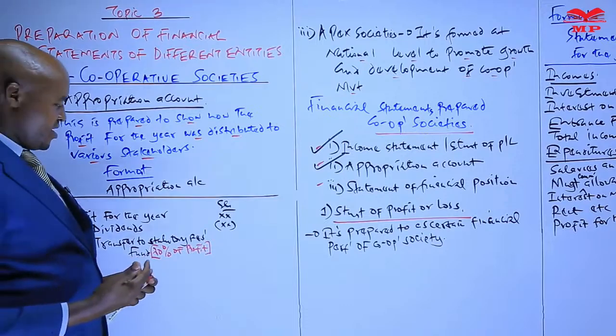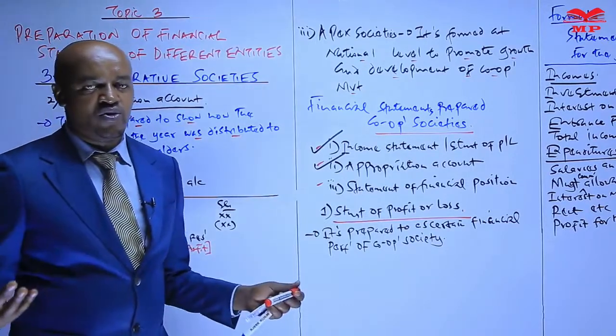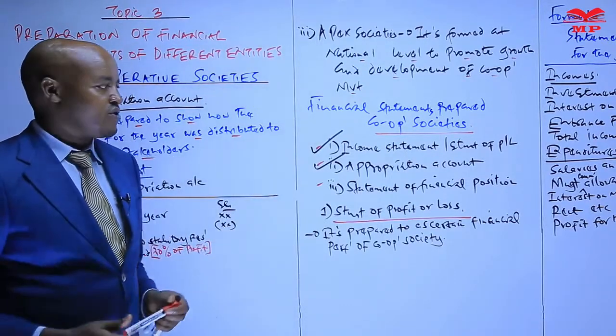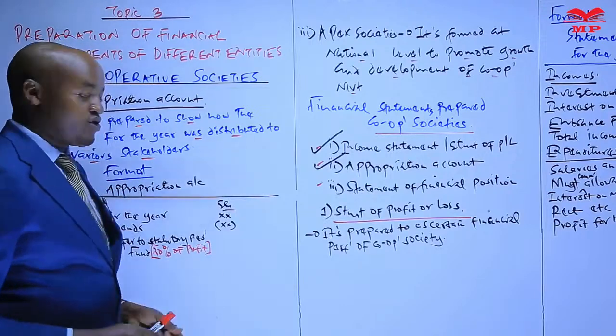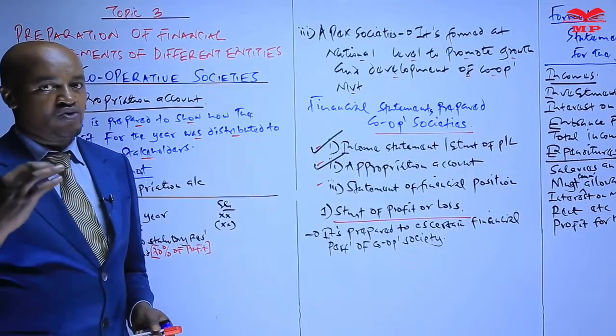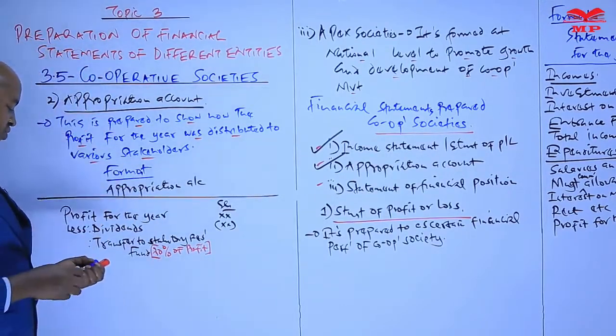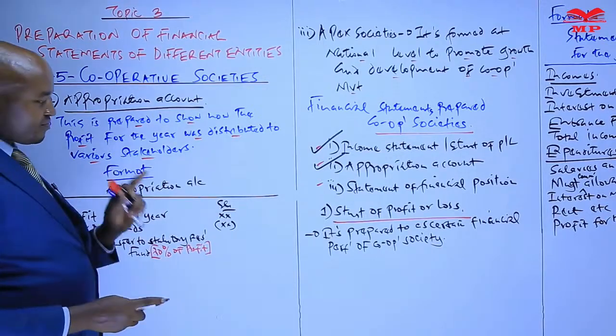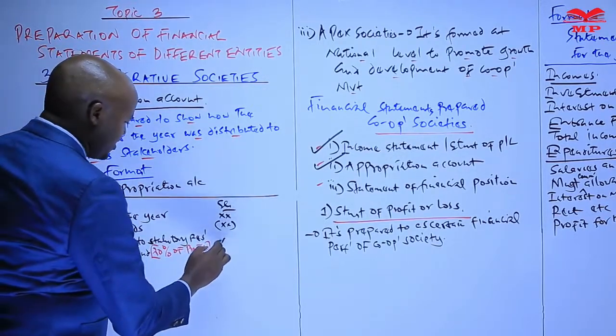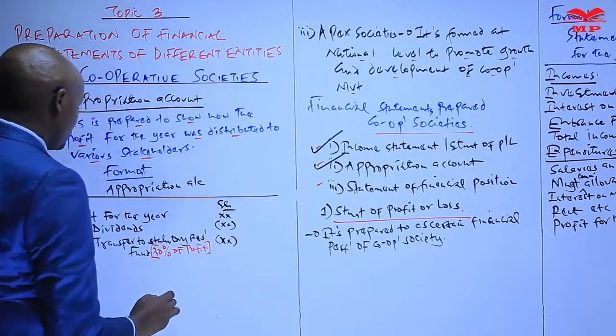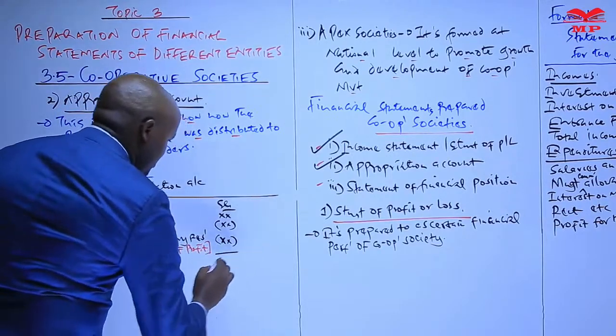The examiner may have given that information to you, but equally, if you're given a cooperative society question and that information is missing, you have to note that 20% is a must. 20% of the profit for the year must be transferred to the statutory reserve fund.